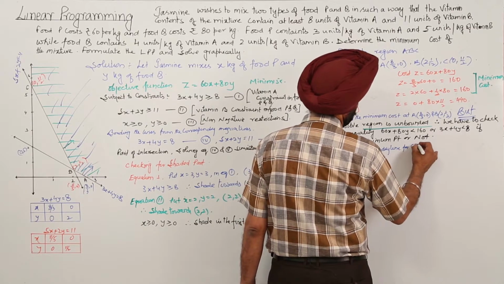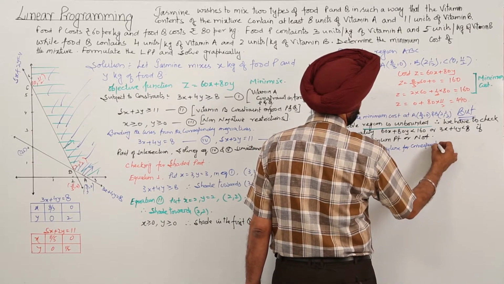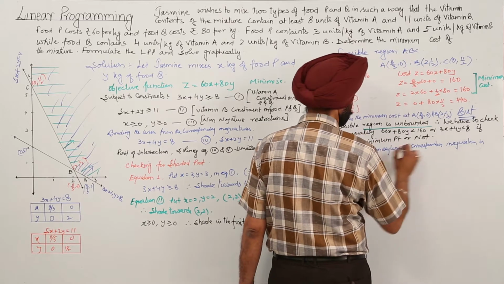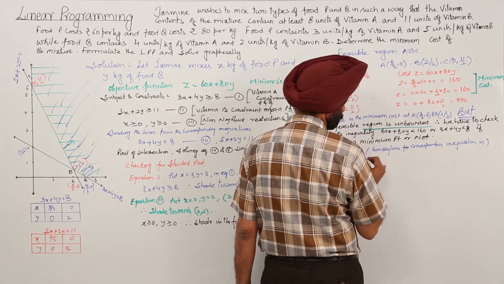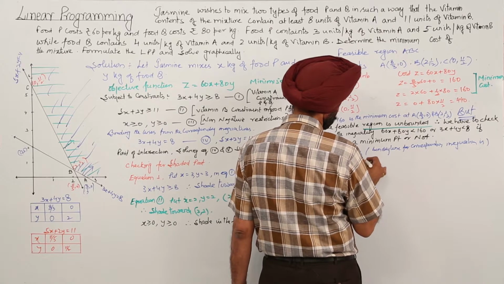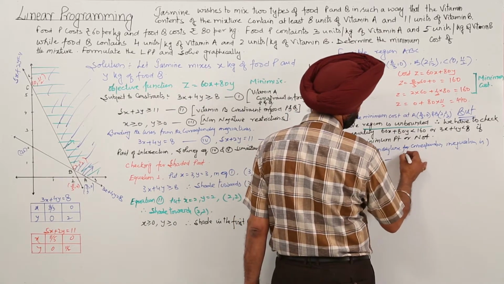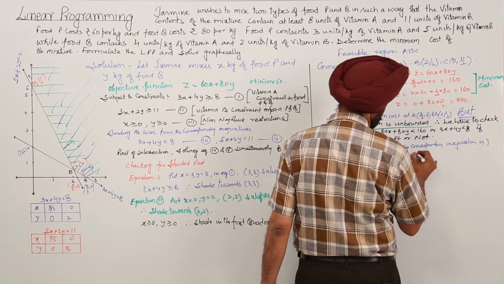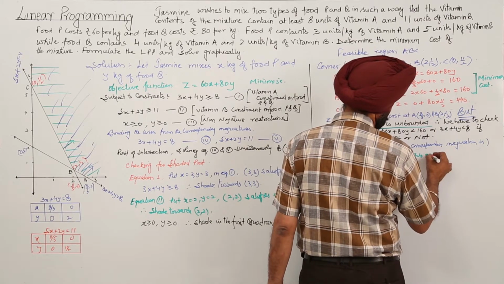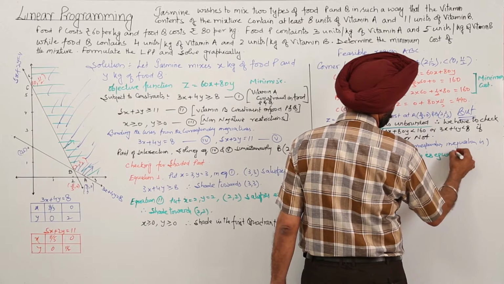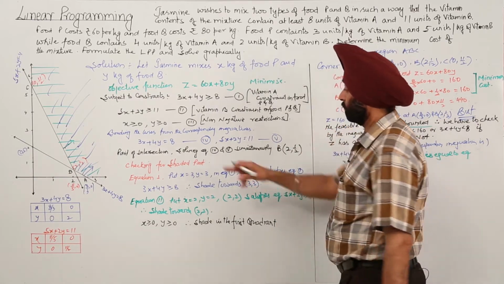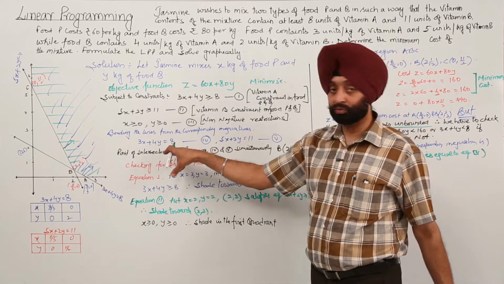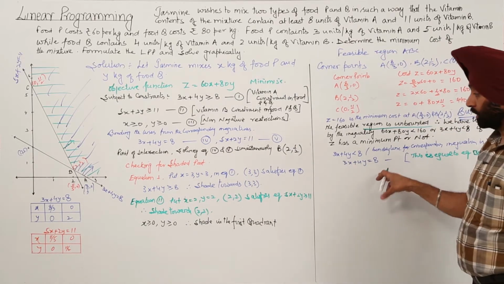the bounding line for the corresponding inequation is 3x plus 4y is equal to 8, and this is equal to equation 4. Same equations are there, 3x plus 4y is equal to 8 and 3x plus 4y is equal to 8.